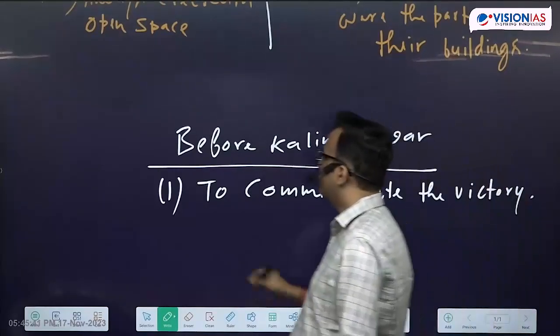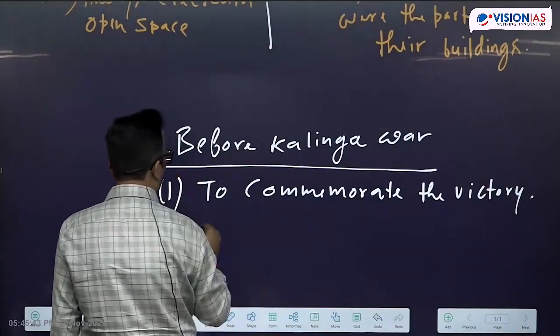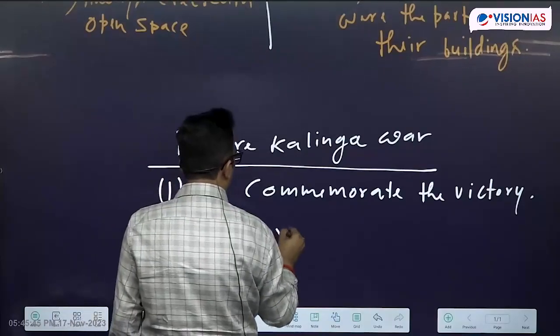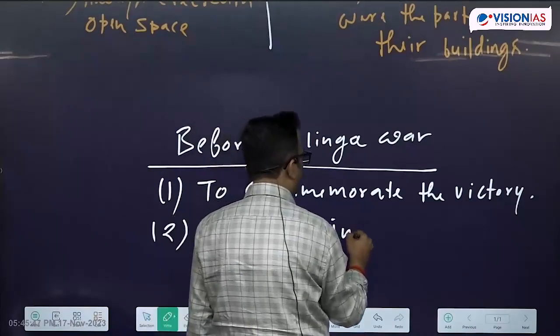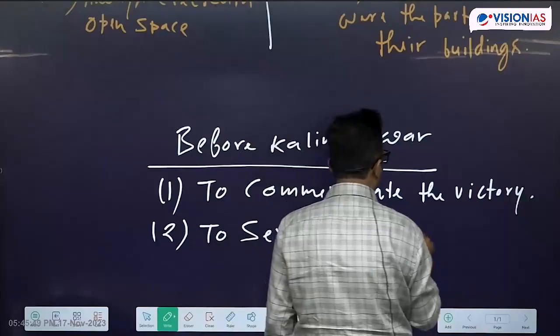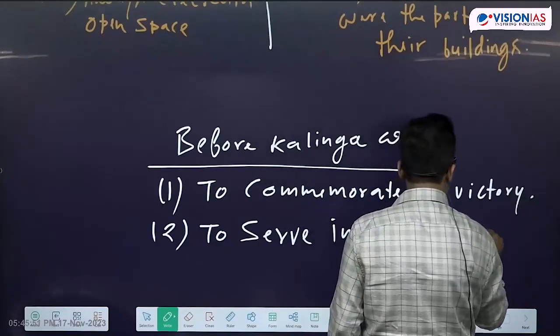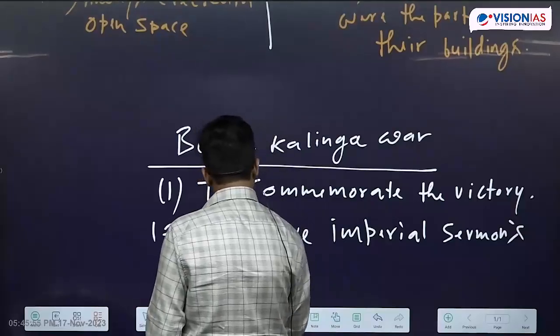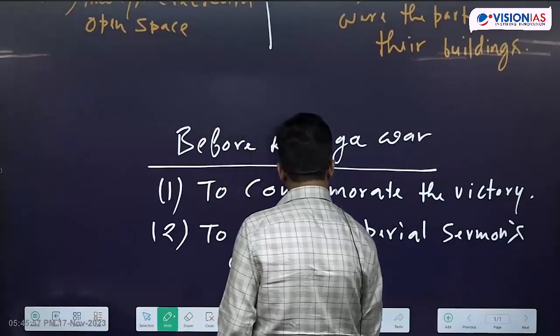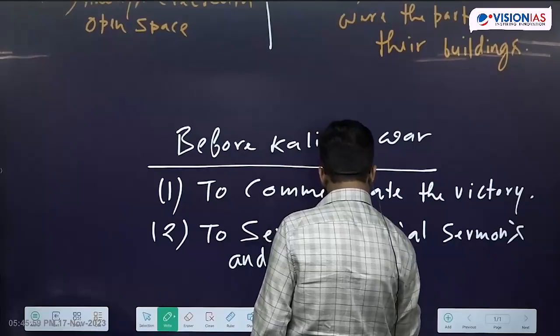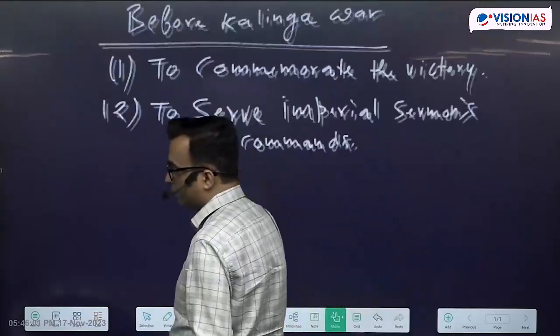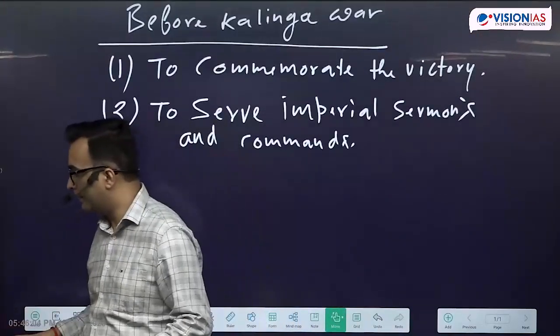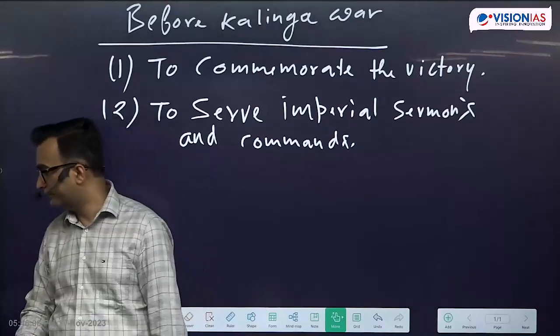And number 2, you write: to serve imperial ceremonies and commands. To serve imperial ceremonies and commands. Done?